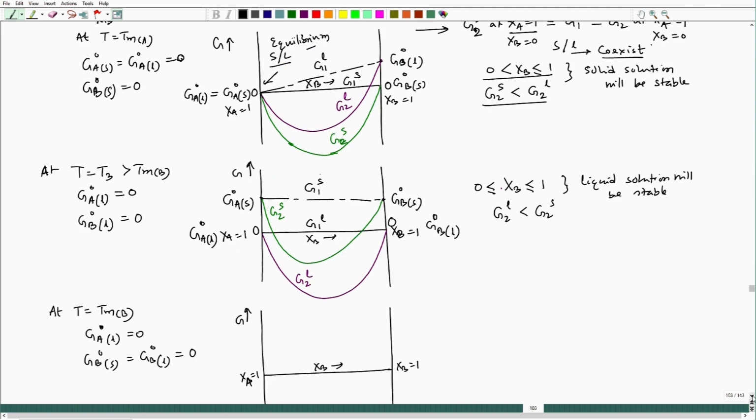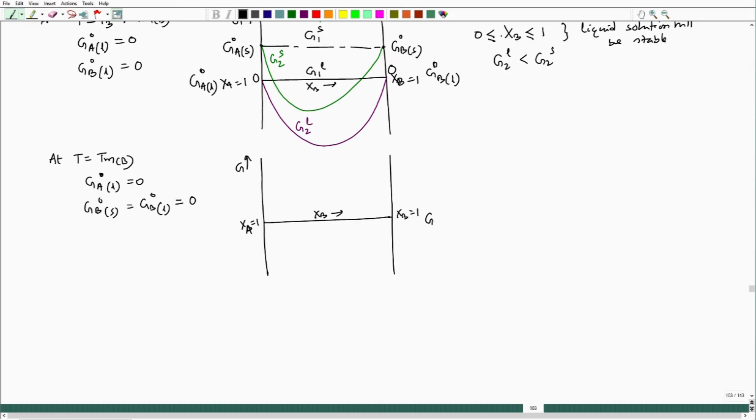Now, this would be G B naught solid equal to G B naught liquid equal to 0. So, this is 0 point, and here G A naught liquid should be taken as 0 point, and correspondingly this would be my G A naught solid.